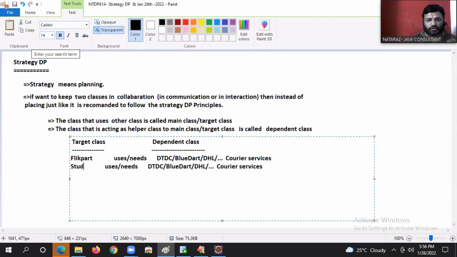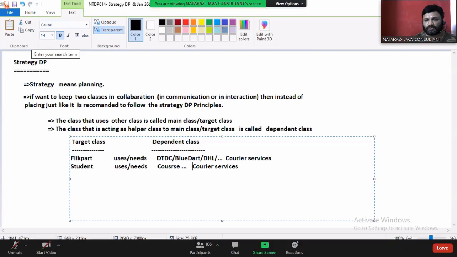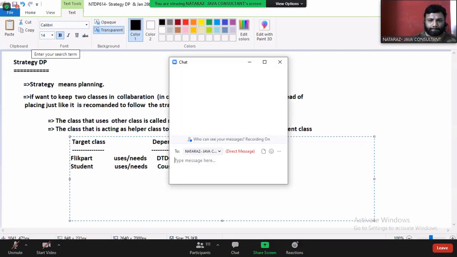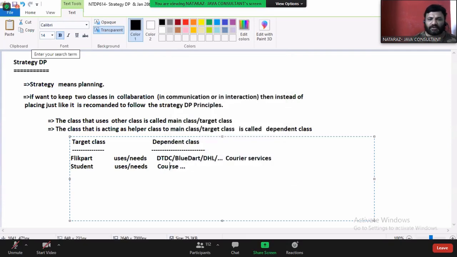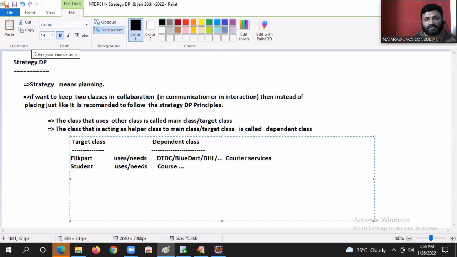Next, a student needs a course. Yes, he needs a course, so the course is the dependent class. Next one, a vehicle uses or needs an engine.